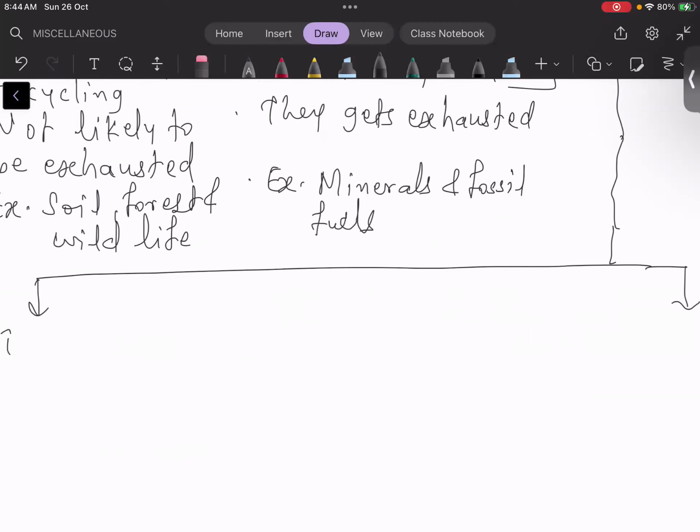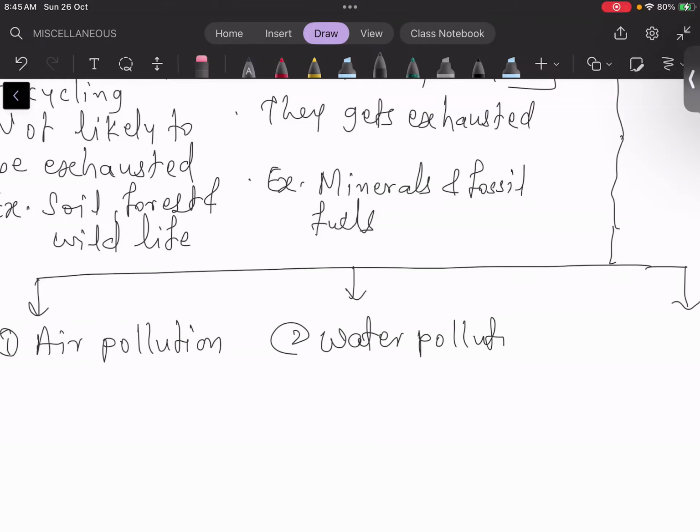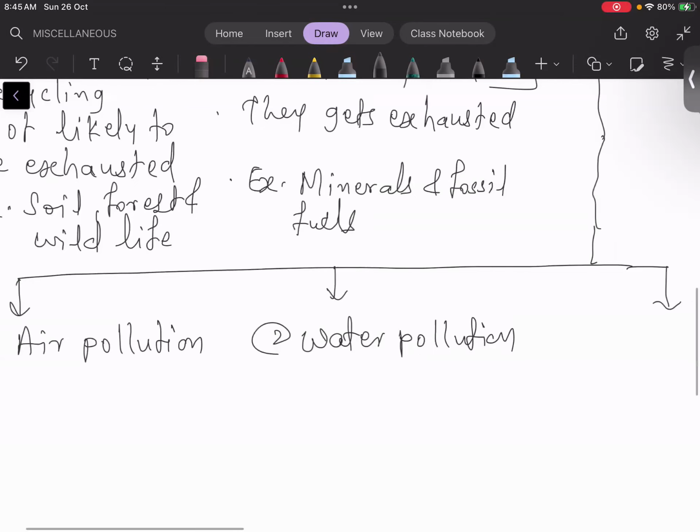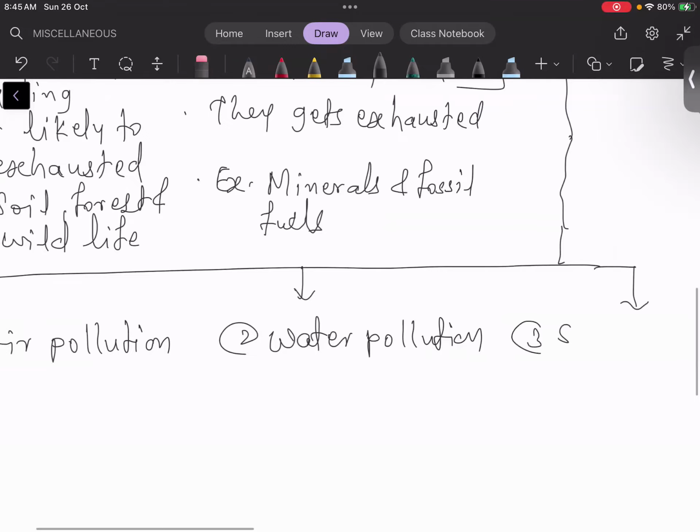First one is air pollution. Second one is water pollution. And third one is soil pollution.